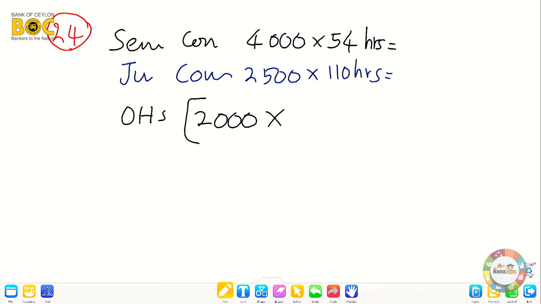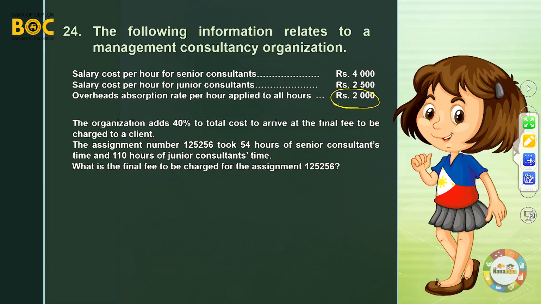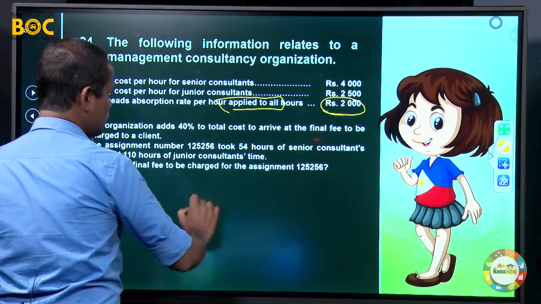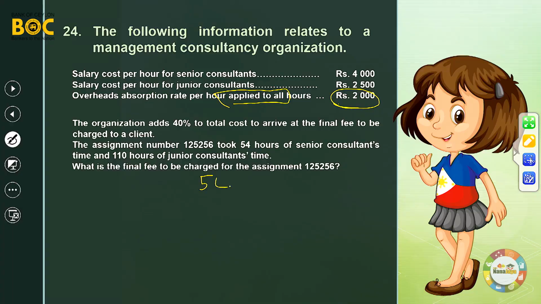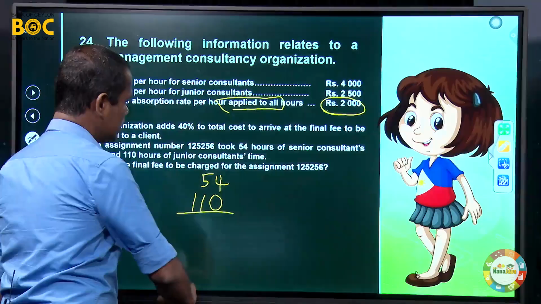$2,000 per hour. So how many hours? However, this is applied to all grades. So 54 hours senior consultants, 110 hours junior consultants.